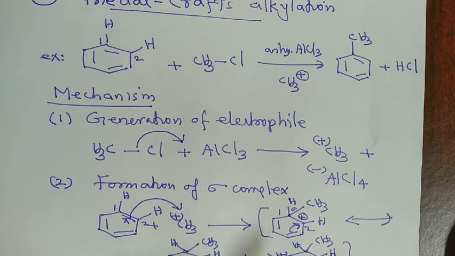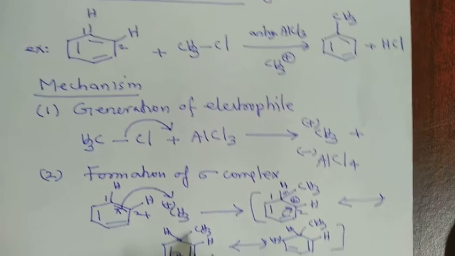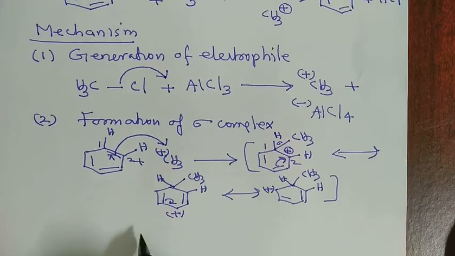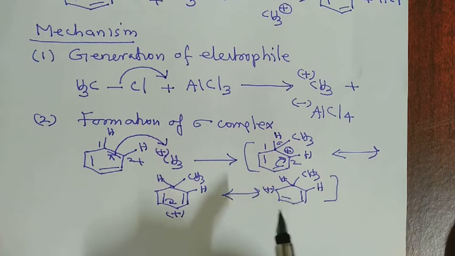So these are the 3 resonating structures. Structure 1, 2, 3. It is a structure of a sigma complex or a resonance stabilized carbocation intermediate.